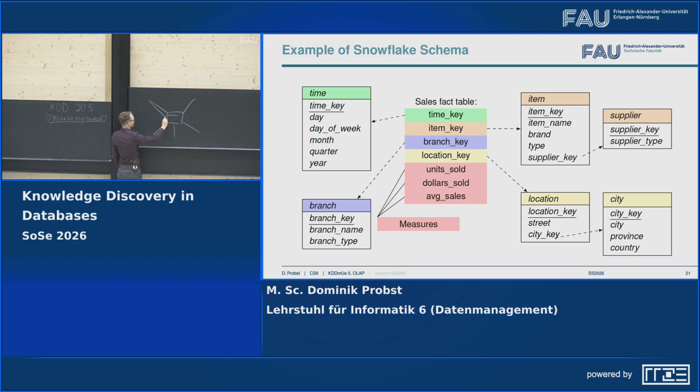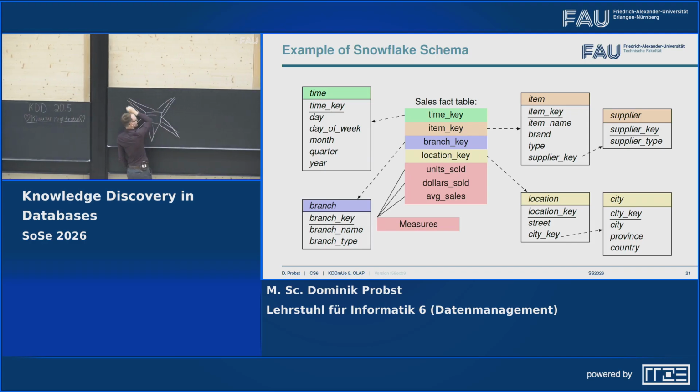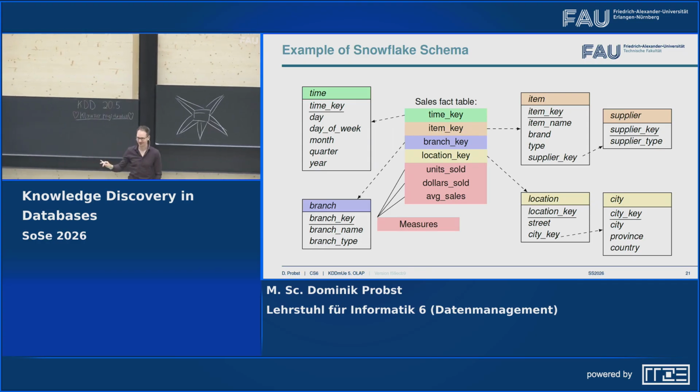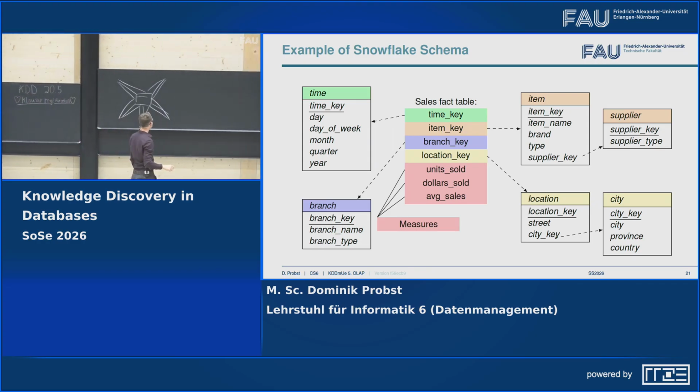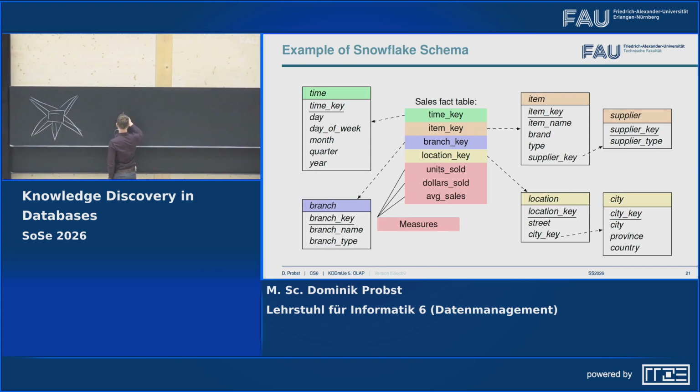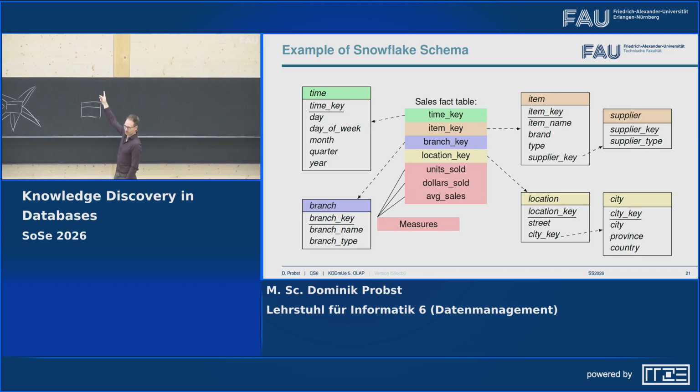If we draw that like this, it somewhat looks like a star. Not a perfect star, I'm not good at drawing, but it looks like a star. If we are talking about a snowflake schema, let's use this imperfect snowflake schema and do it perfectly.